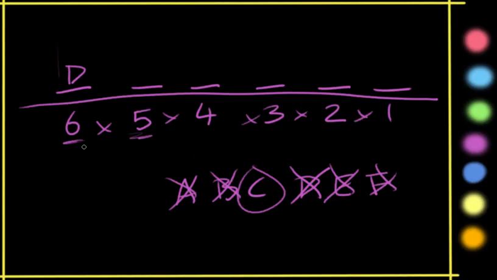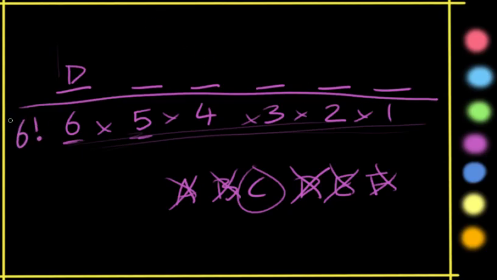This number, 6 times 5 times 4 times 3 times 2 times 1, there's a special name for this when you're multiplying a bunch of integers going down to 1. This is called 6 factorial. We write it like this, a 6 with an exclamation point.